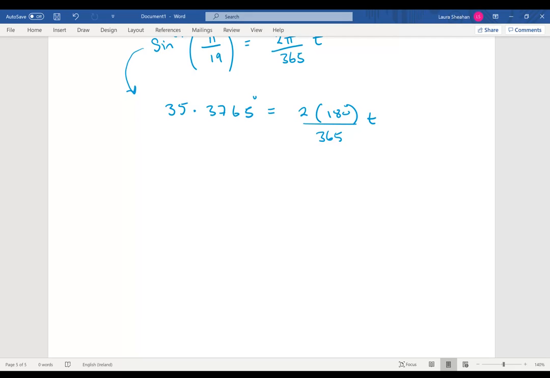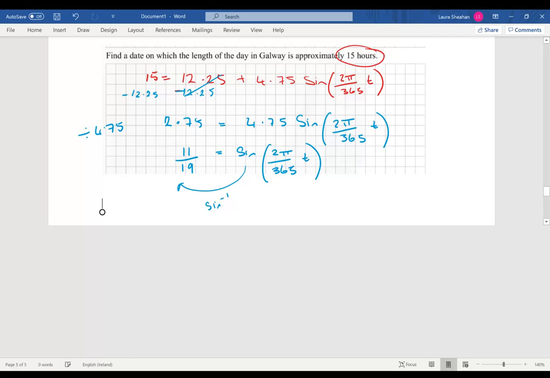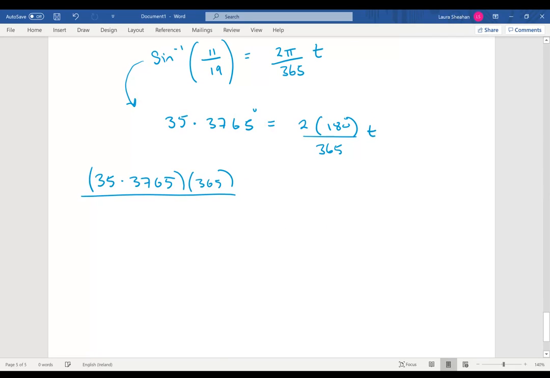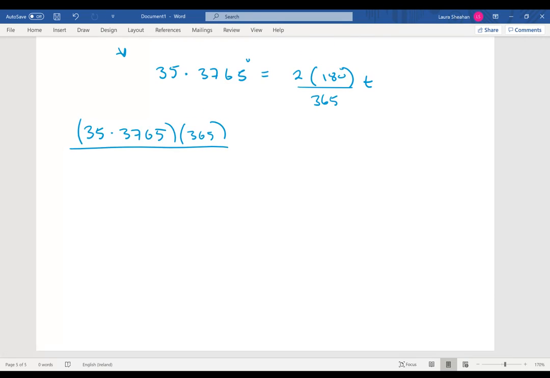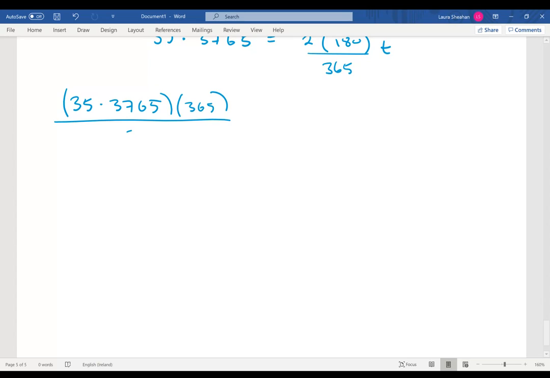Then simply to get t, I am saying 35.3765. I'm going to multiply by the 365, and I'm going to divide by 2 times 180, which is 360. Technology is not working with me here very well.